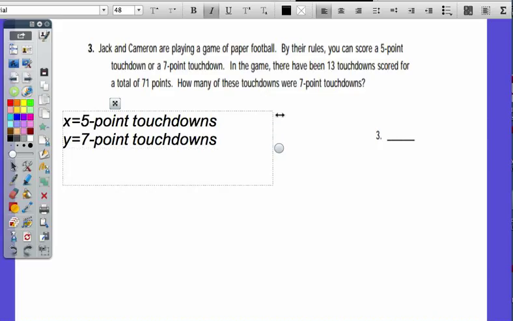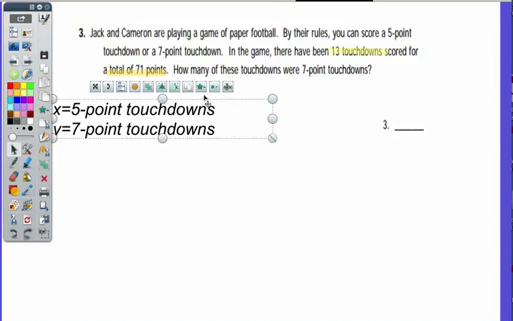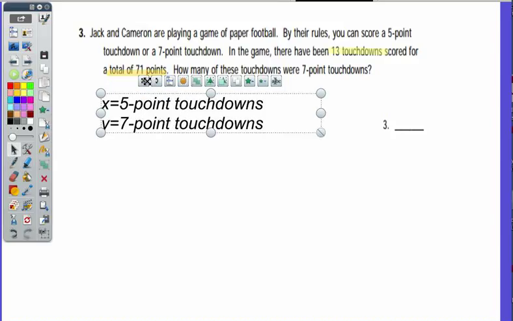Okay, now I'm going to write my equation. So the two pieces of information that I have are the fact that there's 13 touchdowns and then a total of 71 points. So those are going to include my two equations.